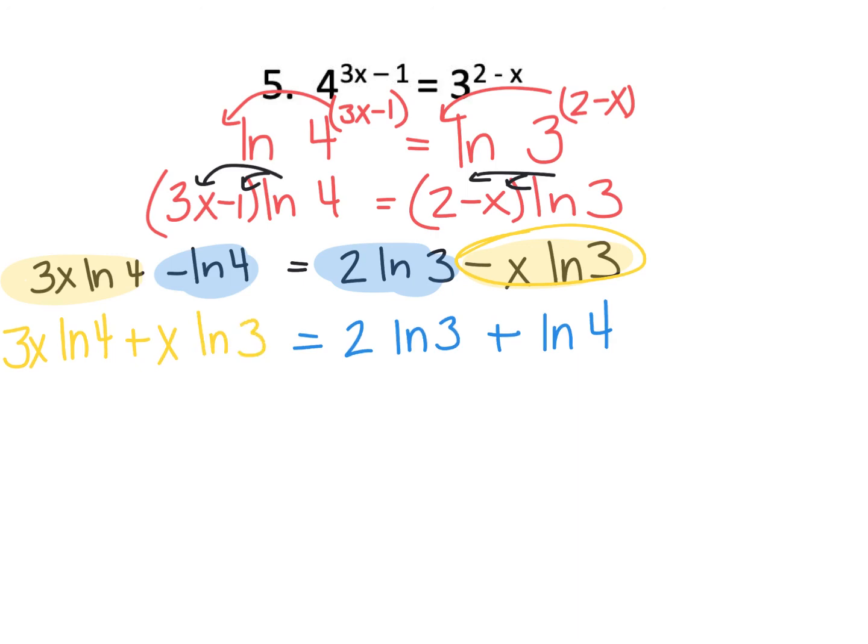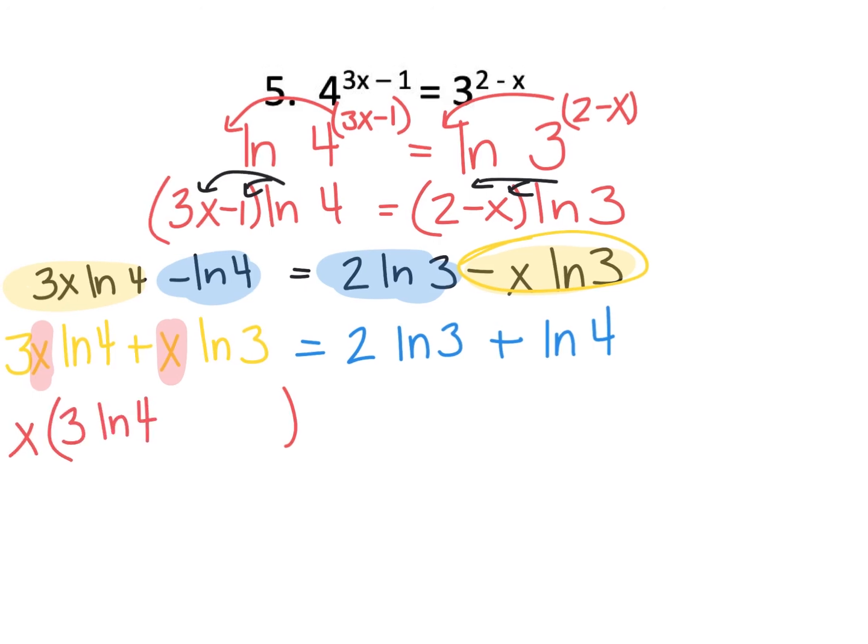Okay, now since I have an x in both terms on the left, I'm going to use some factoring. I'm going to factor out x, which leaves me with 3 times the ln of 4 plus the ln of 3 on the inside equals the same expression from above.